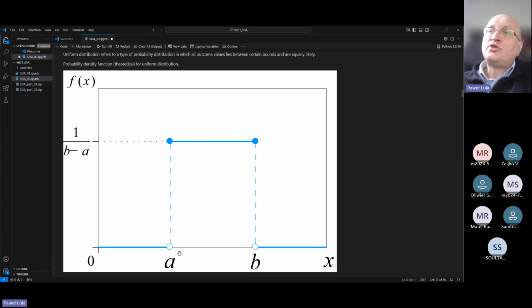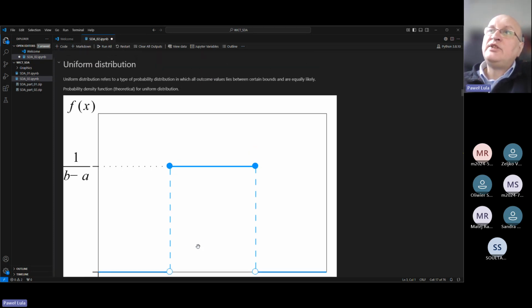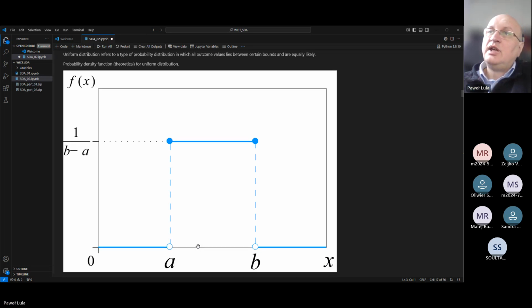So when we want to generate values from A to B using uniform distribution, the probability of occurrence for every value from this range is equal, is the same. And this probability density function can be defined in this way, which is presented here.